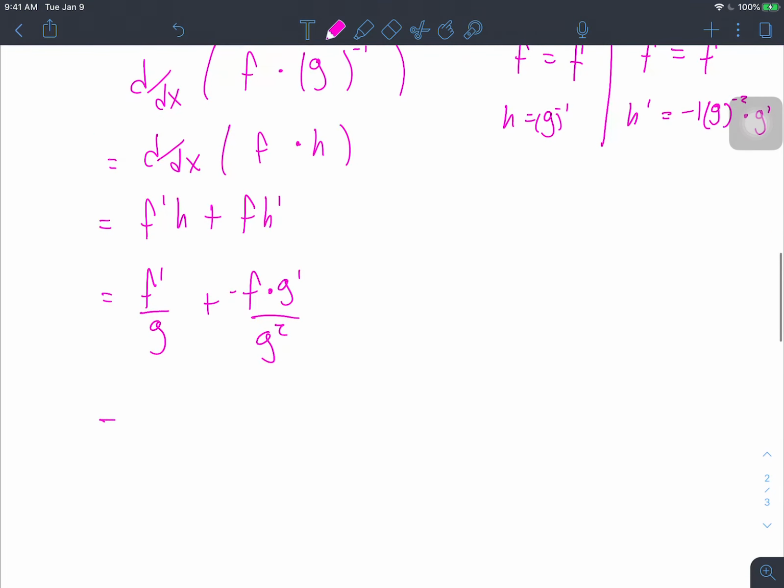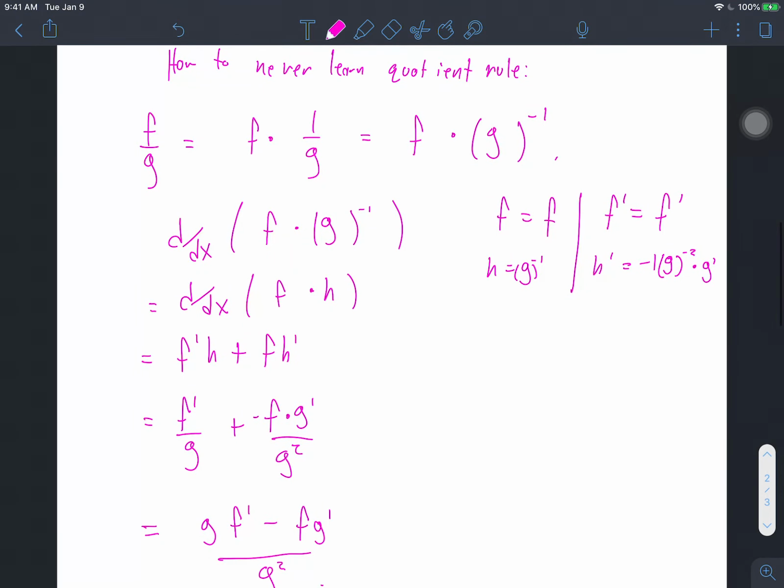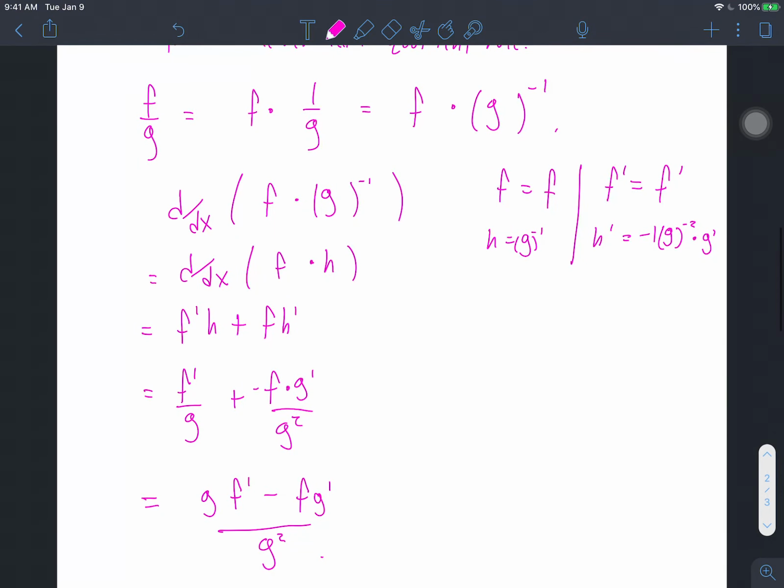And if we got a common denominator, it would be g f prime minus f g prime all over g squared. So that is how to never do the quotient rule. It's actually how the quotient rule was discovered.